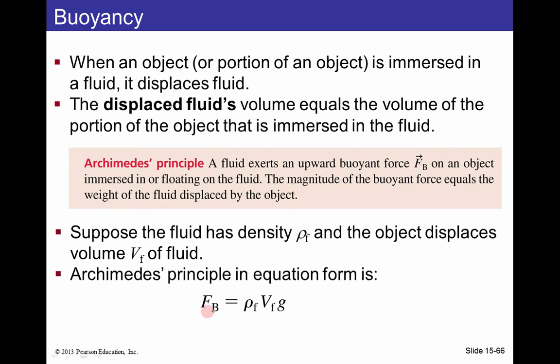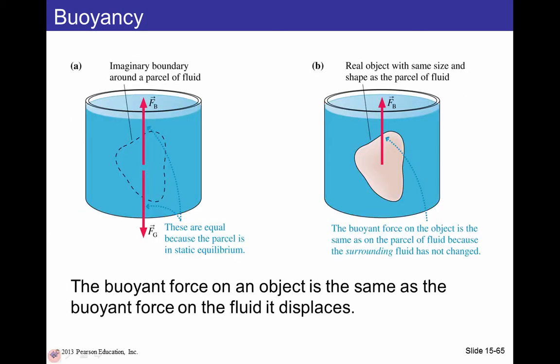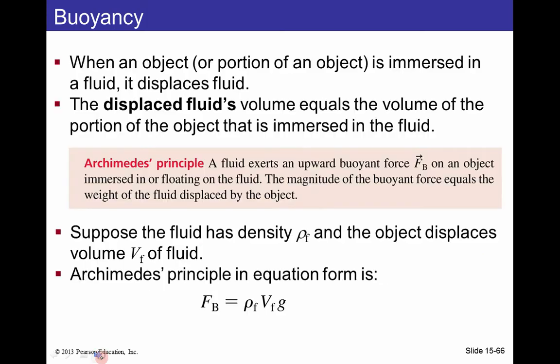So this is the equation here. The magnitude of the buoyant force on an object that is immersed is equal to what? It is equal to the volume of the fluid that is displaced times the density of that liquid times gravity.